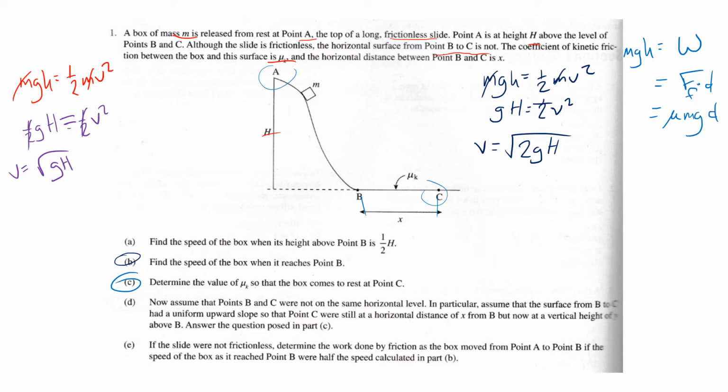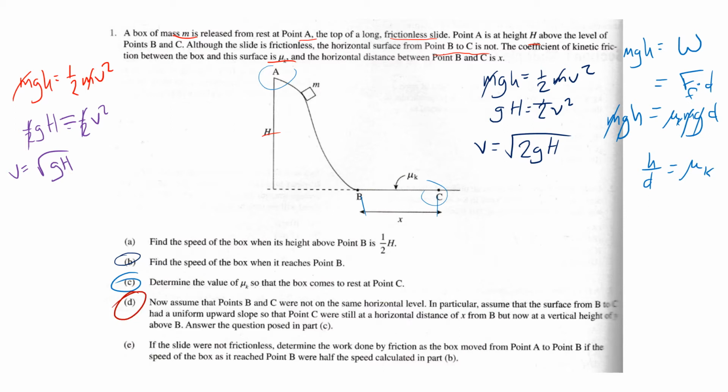So it's going to be mu mgd is equal to mgH. The m's cancel out, the g's cancel out. So solving for mu k, H over d is equal to mu k. And that's that.